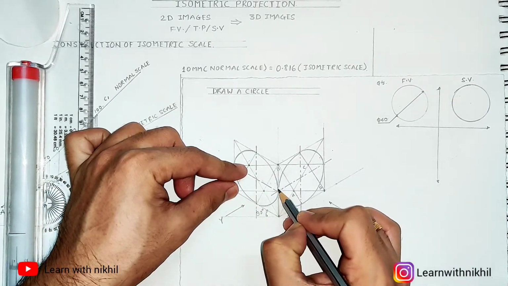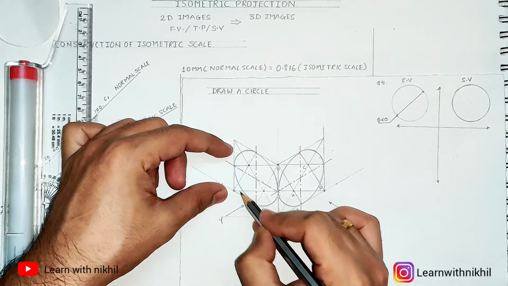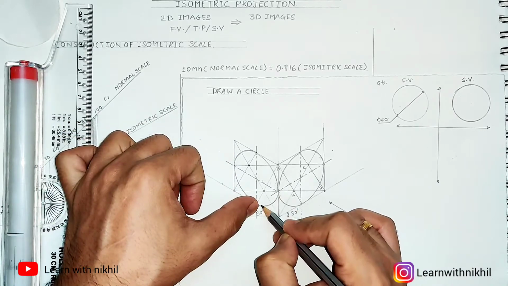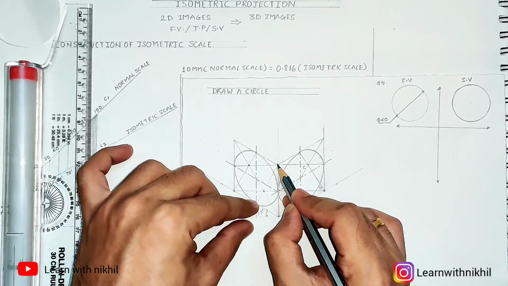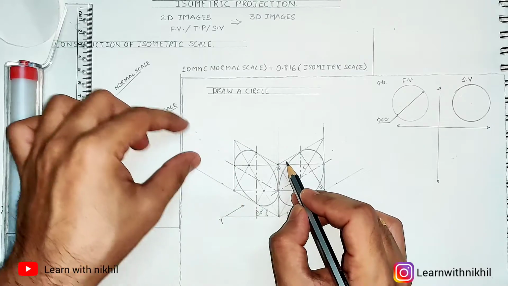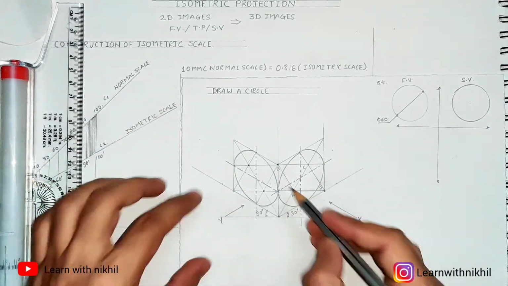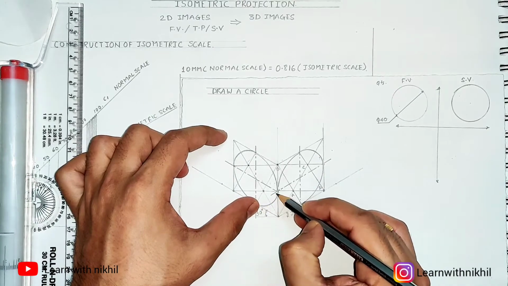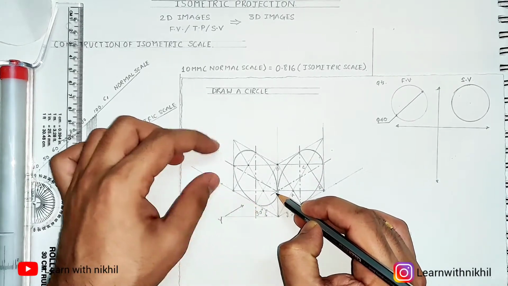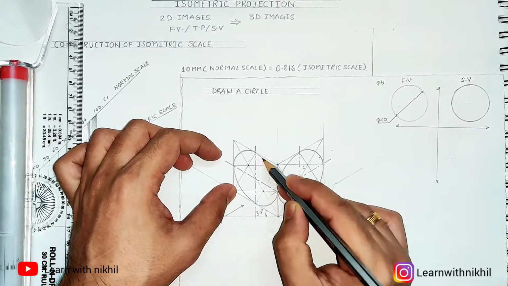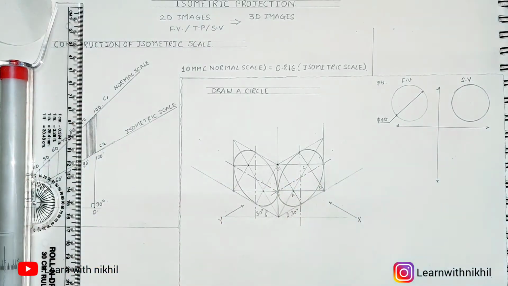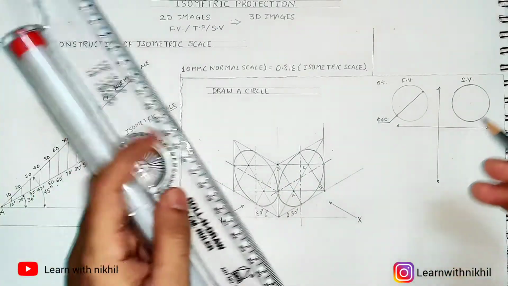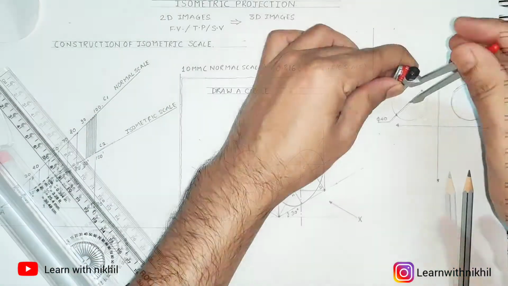So for drawing this semicircle we require 2 points, and for the other semicircles, this point for this, and from here this. You will understand it more when you try to do it yourself.